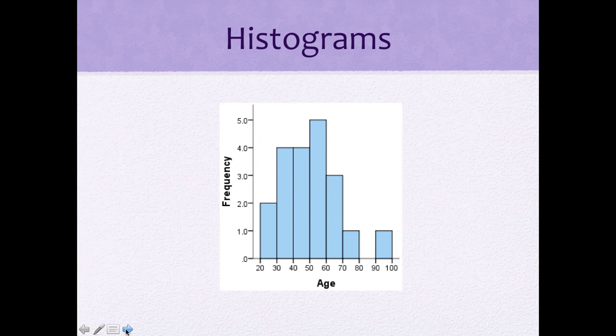There are 4 people between the ages of 30 and 40. There are 4 between the ages 40 and 50, and so on. Frequency can be an actual solid count, or frequency could be a percentage as well. So you could see frequency as a whole number, or you might see frequency as a decimal representing the percentage.